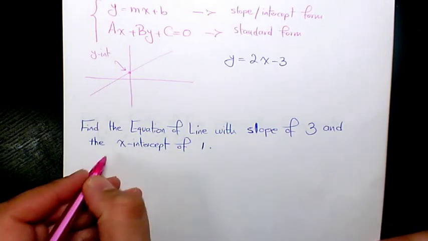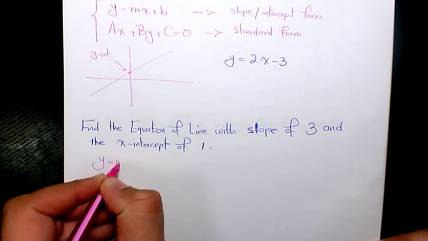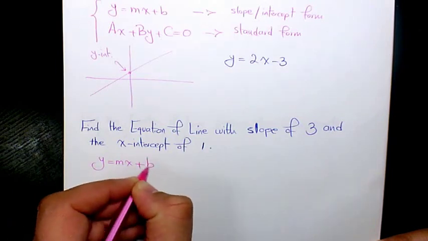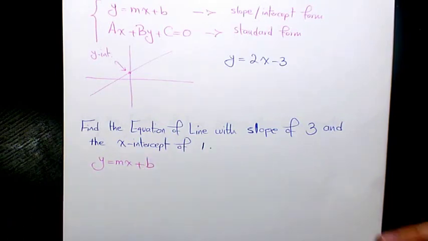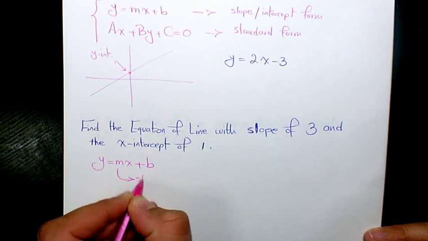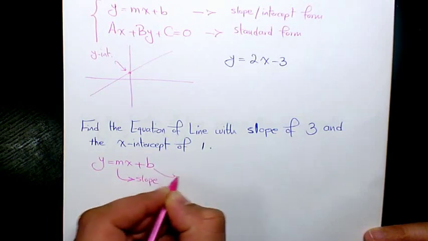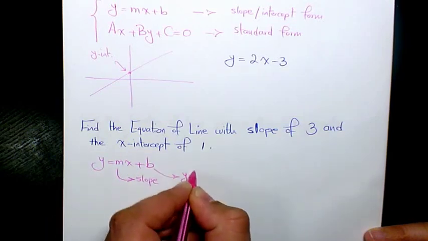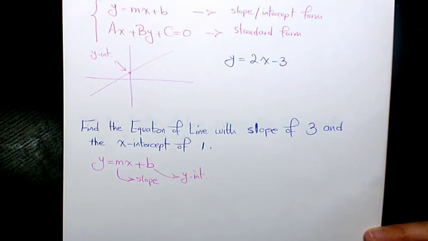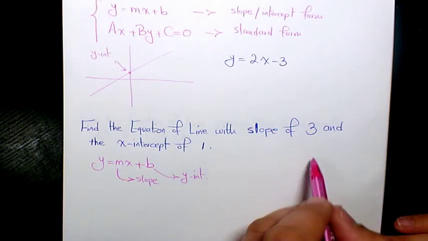So again, I can write equation of line mx plus b. Again, m is the slope and b is the y-intercept. But here in this example, x-intercept is given and y-intercept is not given.